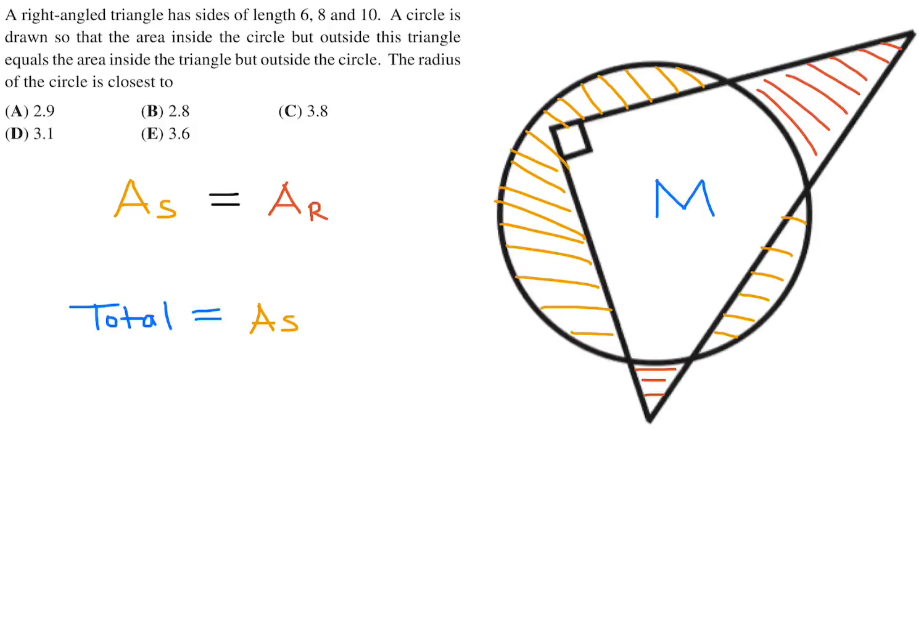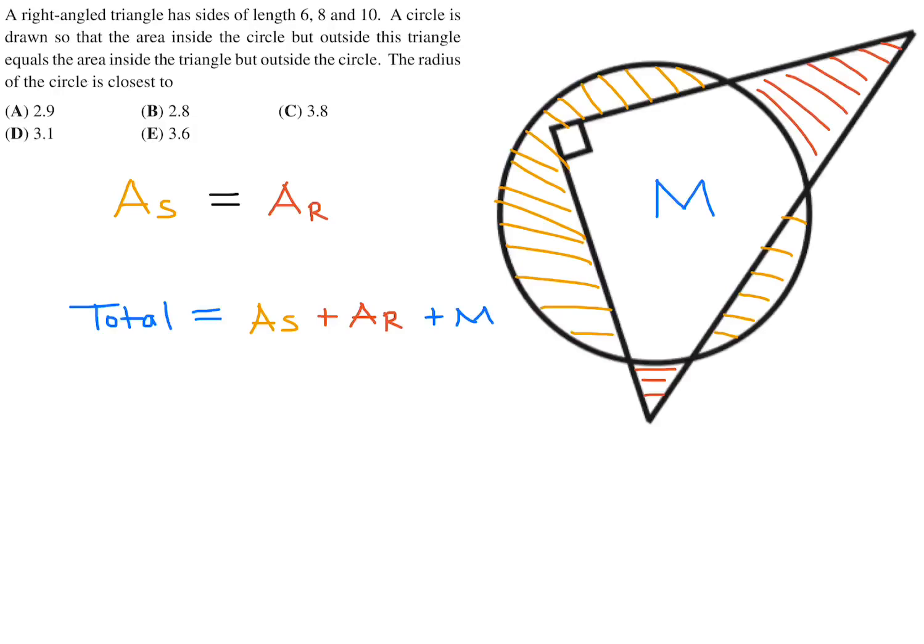And then you would add to that the area of the red, which is AR. And then, of course, you would add the area of M. Correct? So no tricks here, just looking at the diagram. The orange, the red, and the middle section is the total area.